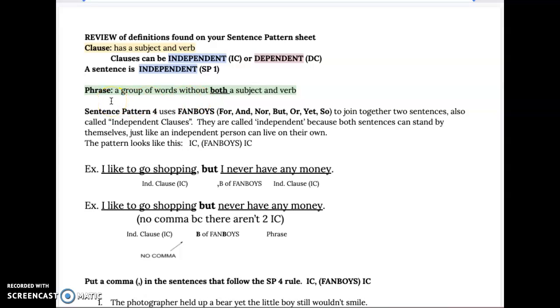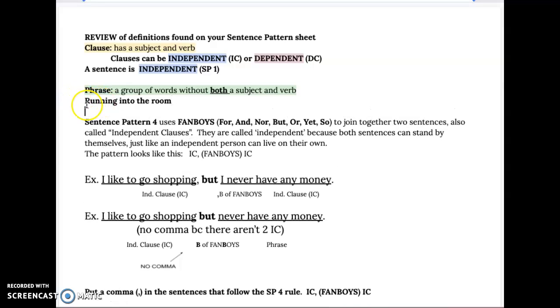A phrase. A phrase is just a group of words without both a subject and a verb. So a phrase could be something like running into the room. All right, so that's a phrase.